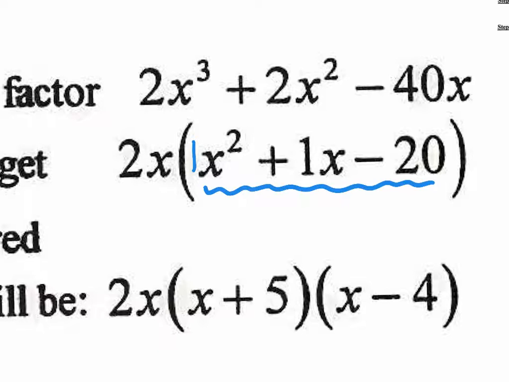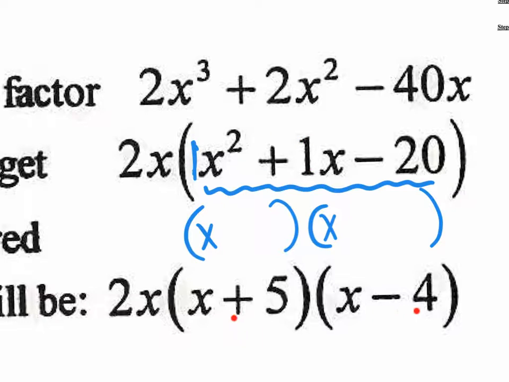When you factor a quadratic trinomial, when your a value is 1, it's really easy because you could set up parentheses, x, because x times x is x squared. And all you have to do is think what times what is the c value that if you combine together is the b value. So what times what is negative 20 that if you add together is positive 1?